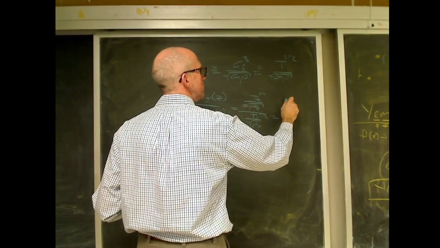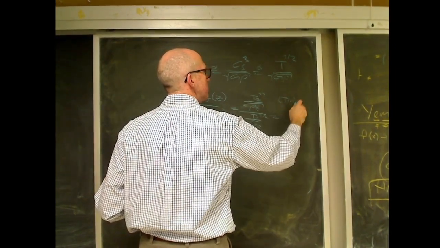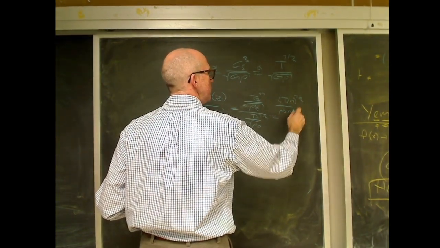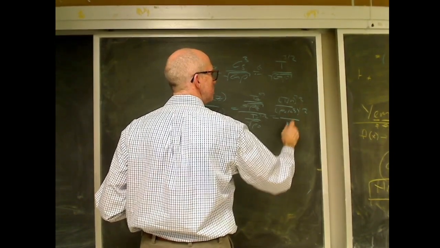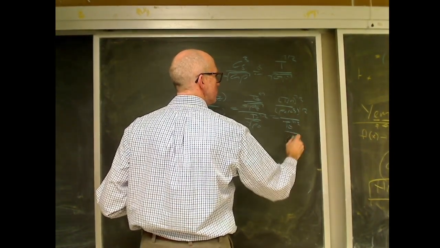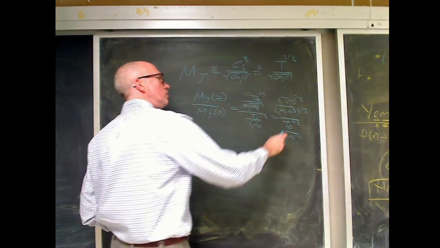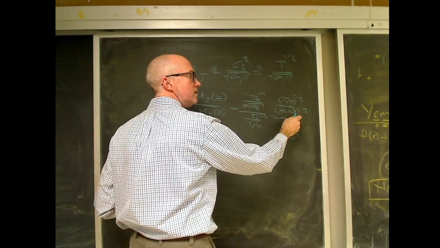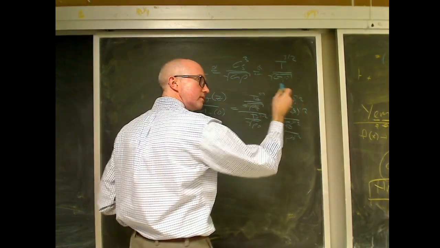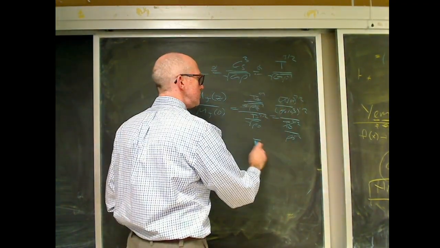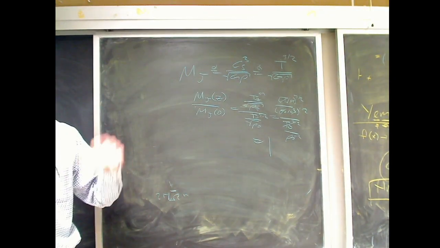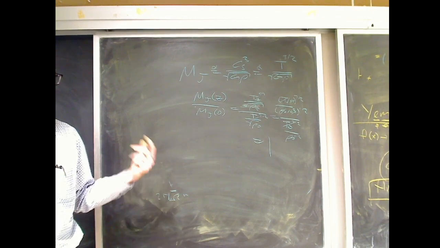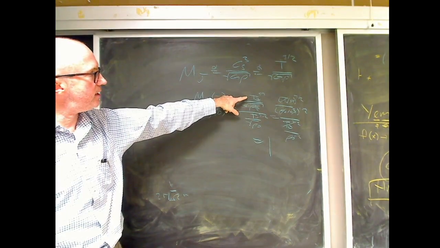This is equal to T naught over a to the 3 halves over rho naught over a cubed to the 1 half over T naught to the 3 halves over rho naught to the 1 half. So this cancels this, and this cancels this, and this cancels this, because that's 3 halves, 1 half. All my a's cancel out, and I'm just left with 1. So the Jeans mass of the mean universe doesn't evolve. That doesn't actually say anything for the star formation. It's just a curious fact, because the temperature goes up, but so does the density.